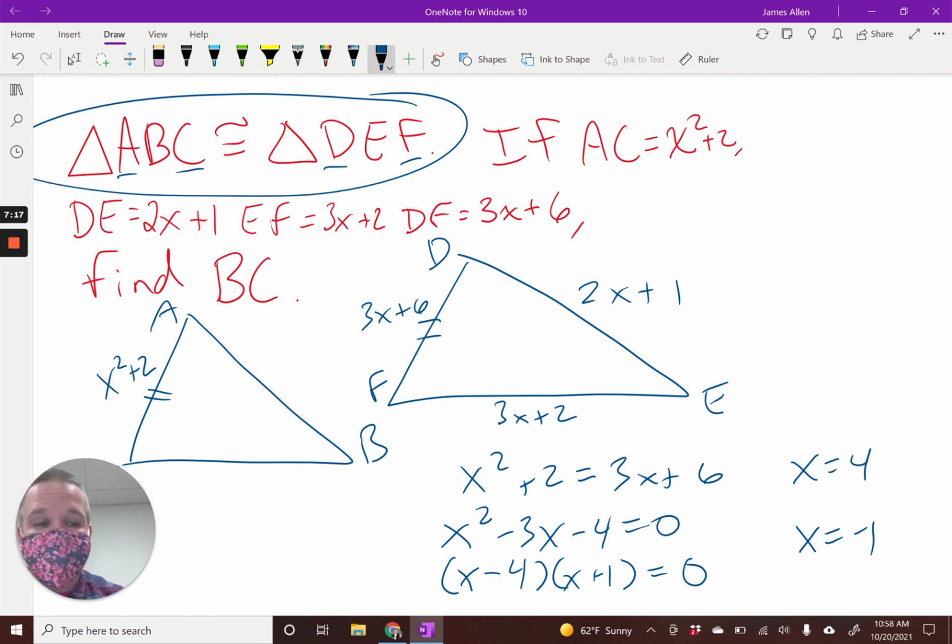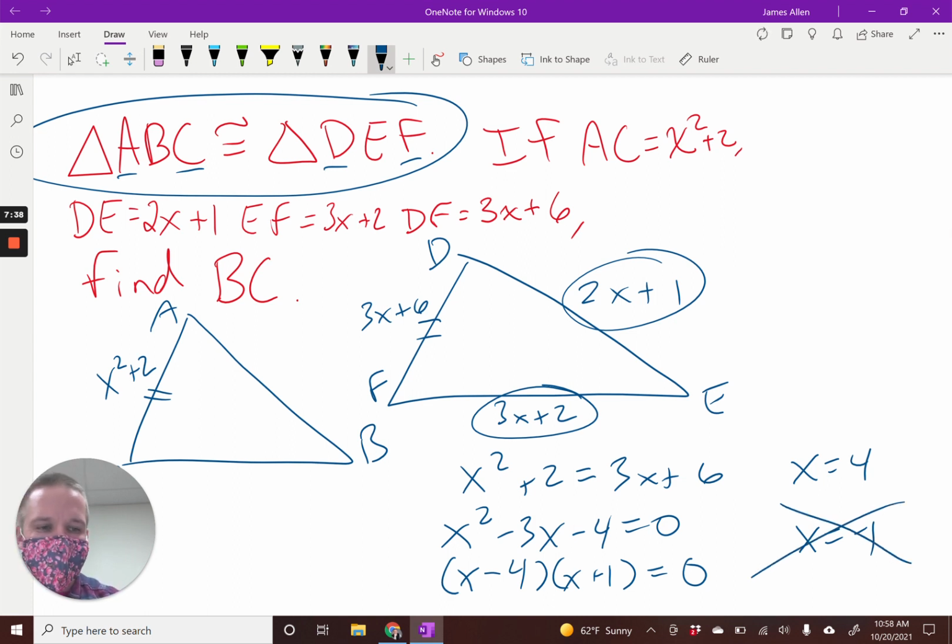Really, you're supposed to check in any event, even if you only have one solution. Check to make sure it works in the original problem. If I plug 4 in, I get all positive values no matter where I go. So that's good. If I plug negative 1 in, I'm going to get negative 3 plus 2 is negative 1. Over here, I'm going to get negative 2 plus 1 is negative 1. So this one is no good. So we're only working with x equals 4.